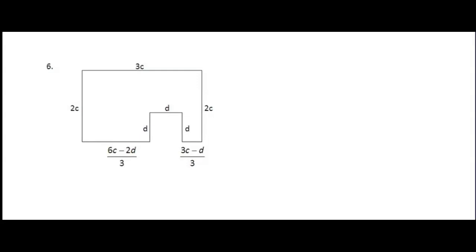And then in number 6, once again, starting with a corner, we have 2c plus 3c minus d over 3 plus d plus d plus d plus 6c minus 2d over 3 plus 2c plus 3c.